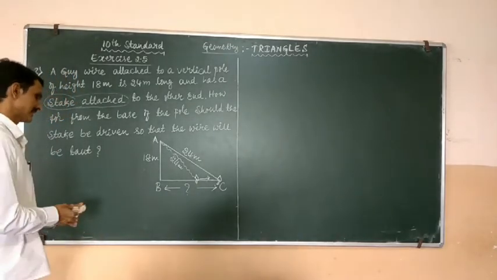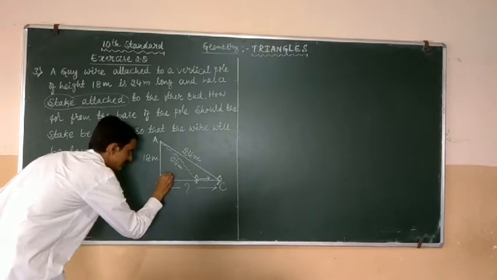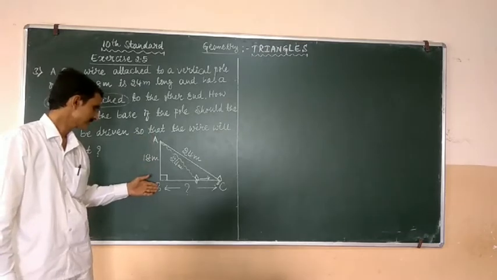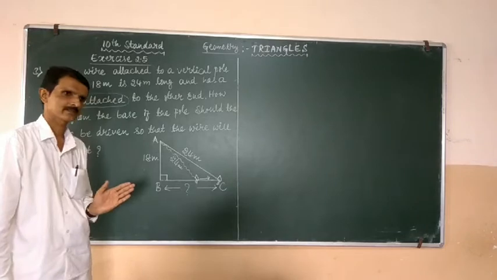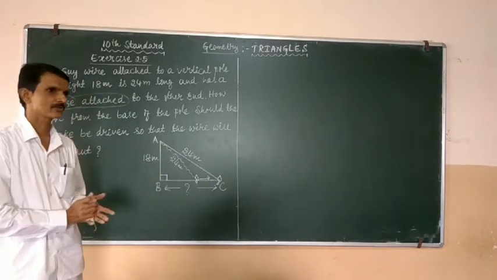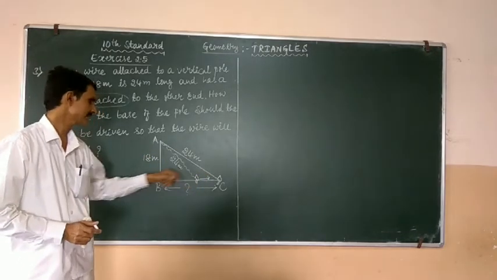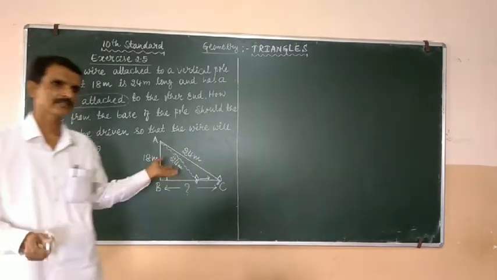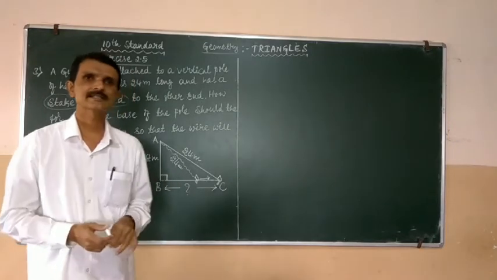Students, once again, as in the previous problem, angle B is 90 degrees because the pole is perpendicular to the earth. So ABC is a right angle triangle. Now, as usual, apply the Pythagoras theorem: AC square equals AB square plus BC square. When you simplify, you will get the answer for that problem. Okay, we will see the next problem.